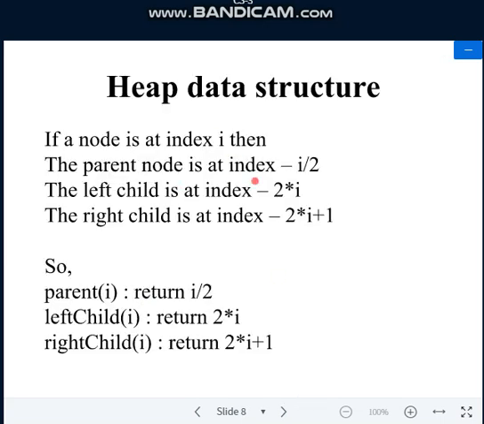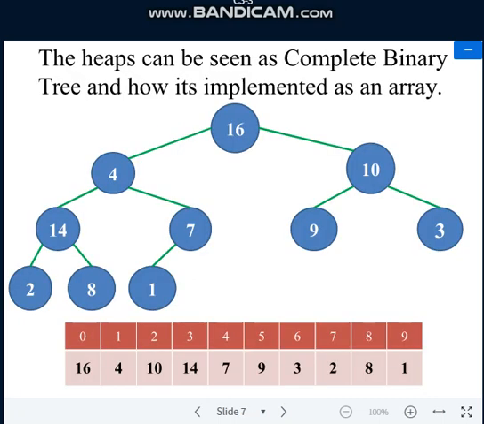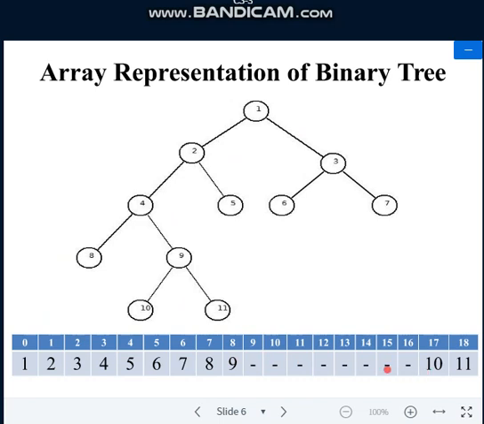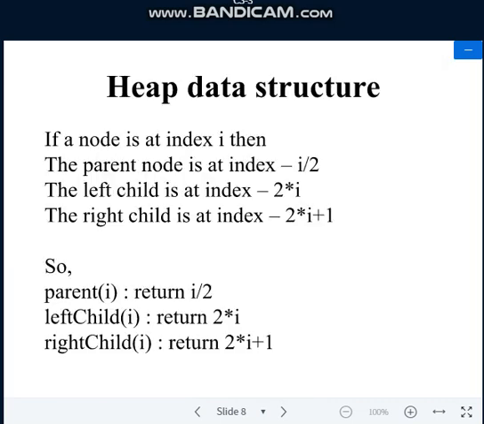So why would we look at this array? Why did we give this gap? Why did we consider this as null? Because whenever you talk about indexing, based on the indexing only we will get to know which is the parent node of that particular node, or which is the left child or the right child.